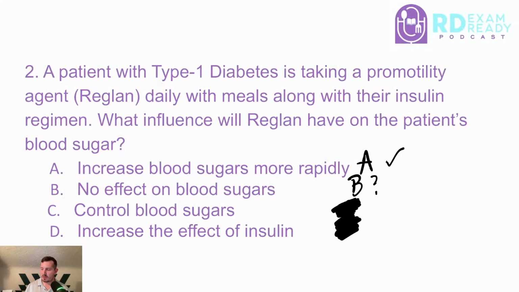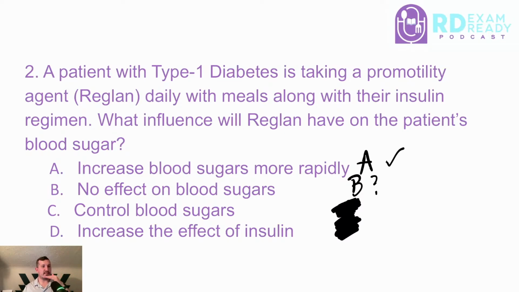So everyone, with this question, what I'm trying to emphasize is that if I'm taking, let's say, insulin every day before meals, like 30 minutes before my meal, I take my insulin, it kicks in so that when I eat my meal, my blood sugars stay nice and controlled, right? Well, what if I still take that insulin 30 minutes before, but then I take Reglan?